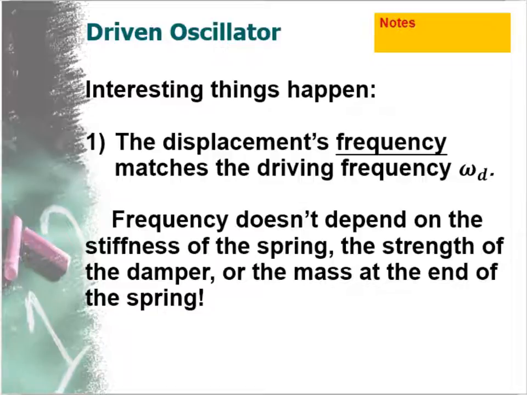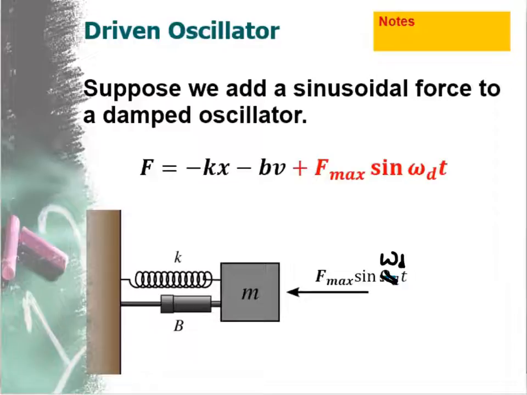So if I made a decision to drive this at 5 radians per second, then this entire thing would oscillate at 5 radians per second. So it would match whatever that driving frequency is.